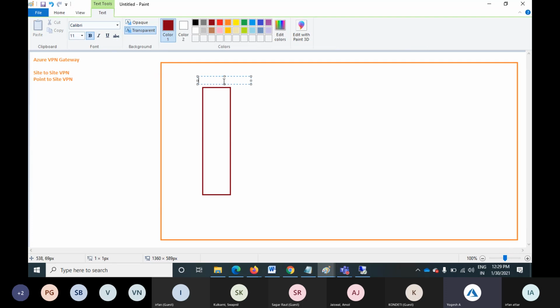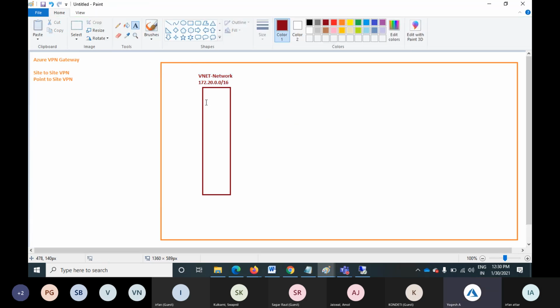So let me configure one VNet here, with some 172 range, let's say 172.20.0.0/16. Last week we discussed a firewall, so I will involve the firewall as well. Then you will get more clarity.